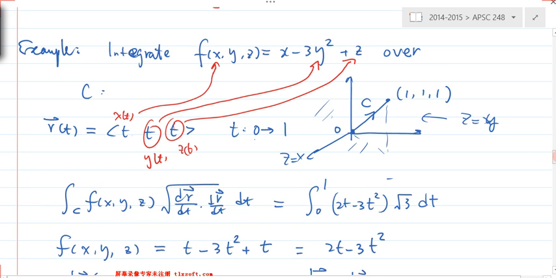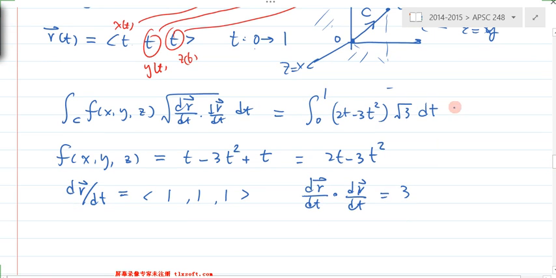So can you calculate this one here? Just do a quick calculation. What does this result give you?